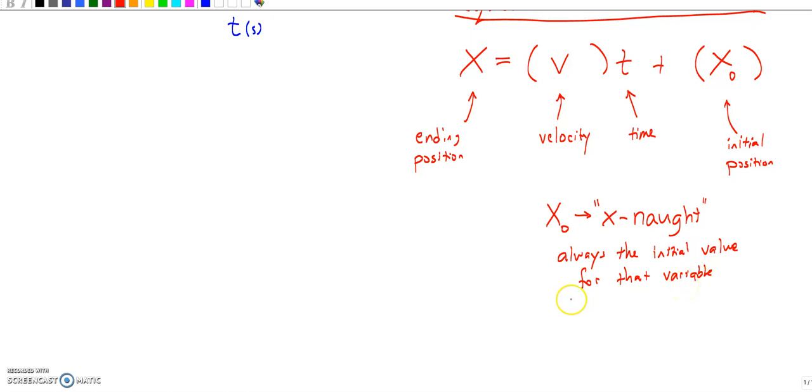So for example, we could have t naught as initial time. If we had a changing velocity, we could say that v naught would be initial velocity, and etc.